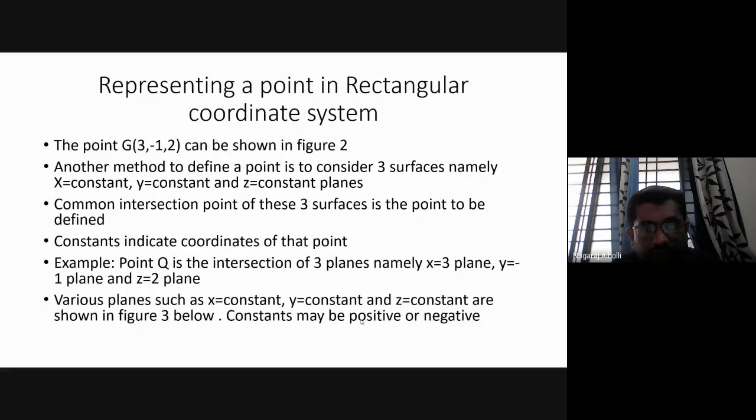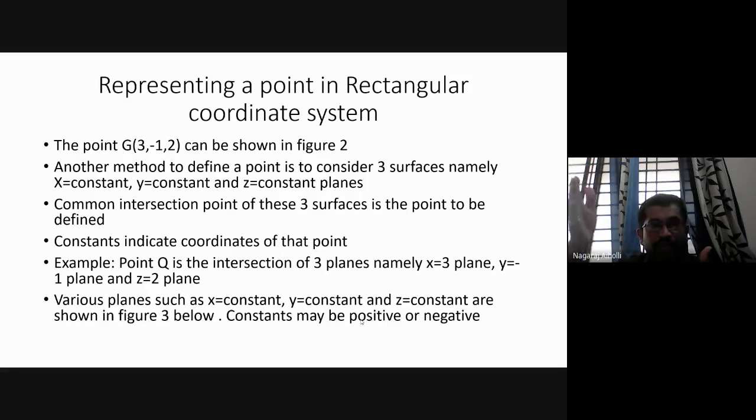Here, we are considering the intersection of these three constant planes to define a coordinate, or to find the coordinate at the intersection of x equal to constant, y equal to constant, and z equal to constant. So these three planes, wherever they intersect, that is our coordinate. Suppose you have taken x equal to 3 units, you have drawn the plane there.